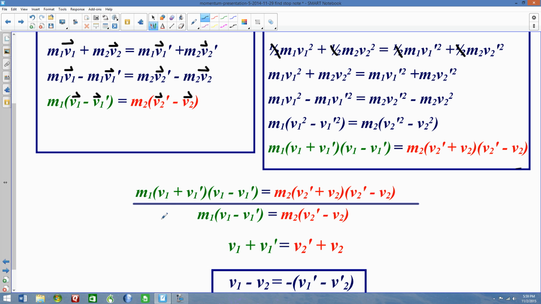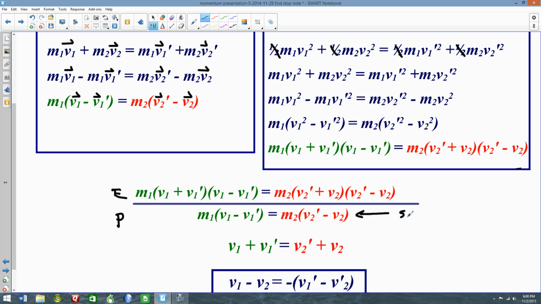Let's see what they're doing here. Oh, I see. Okay, so here we have the equation from energy, and here we have the equation for momentum, and we assume that we have already divided through by the unit vectors.